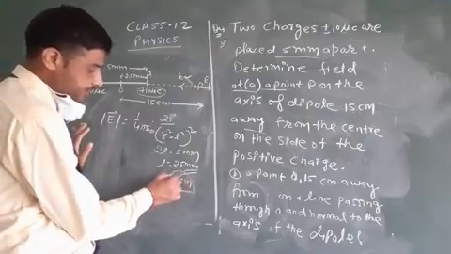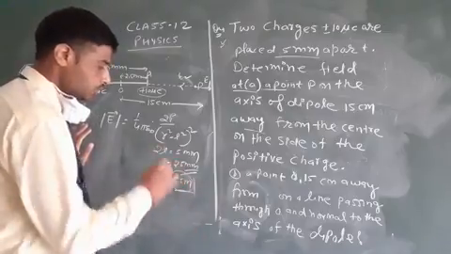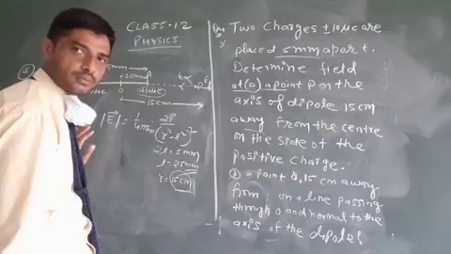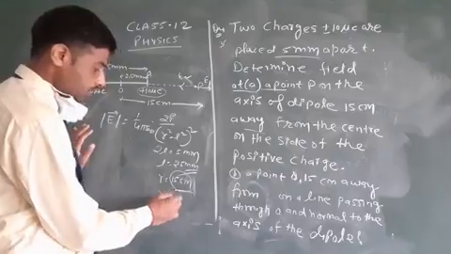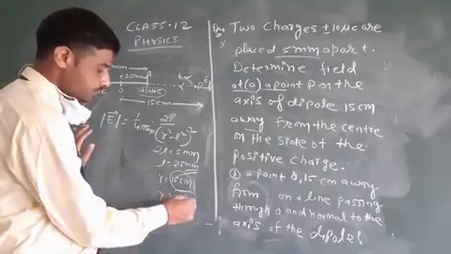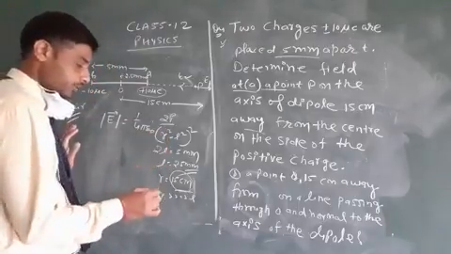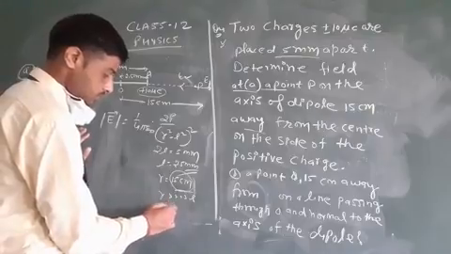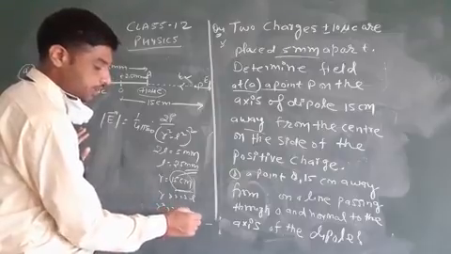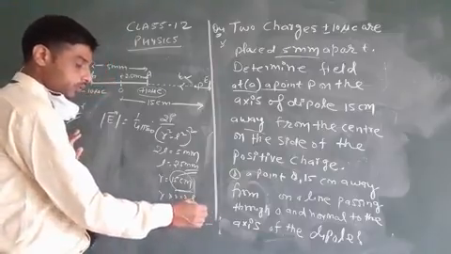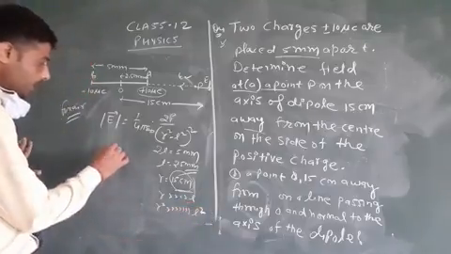So the 15 centimeter is longer with respect to 2.5 millimeter. It means R is greater than L, and R square becomes much greater than L square, because as you know, when a bigger quantity gets squared, it becomes larger.